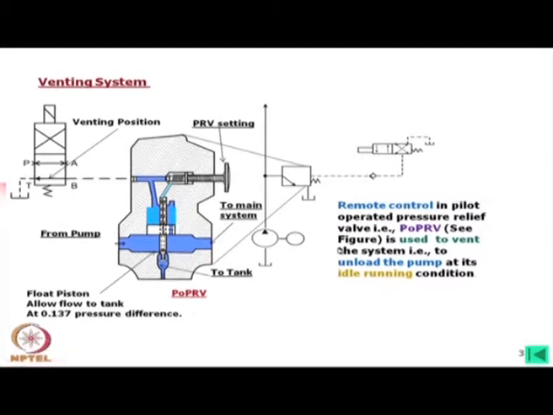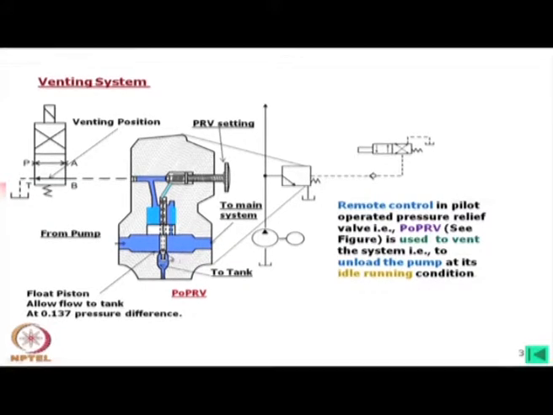Now, first of all, if I compare with the circuit, in this valve usually instead of connecting like this, there will be a through passage. That means we can directly put one end of this line here and the other end on the other side. I have written here, from pump. So oil is coming from the pump and going through the main system.